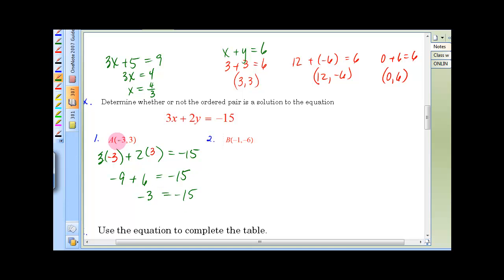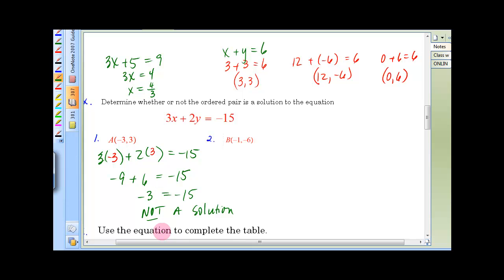So therefore, this ordered pair of negative 3, 3 does not satisfy the equation, and it's not a solution. Not a solution.